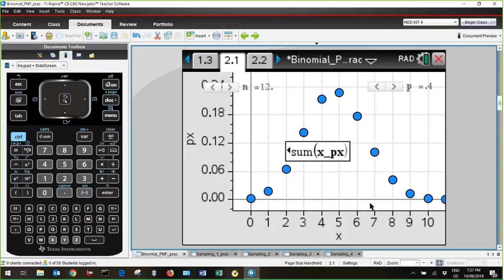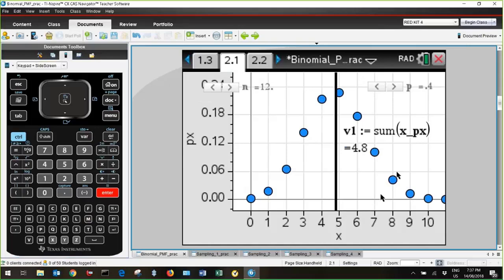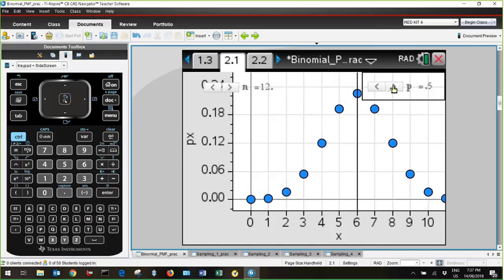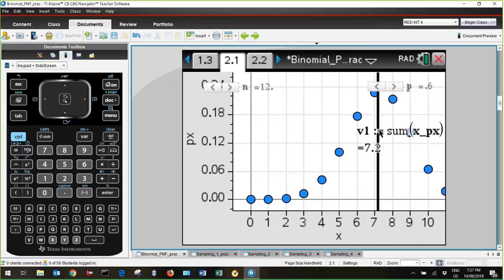And that's interesting: the expected value worked out on a first principles basis, when I have n equal to 12 and p equal to 0.4, is 4.8, which is 12 times 0.4. And lo and behold, students can very quickly convince themselves that it's always n times p, which is rather nice. Now, I'll just increase n to 20.